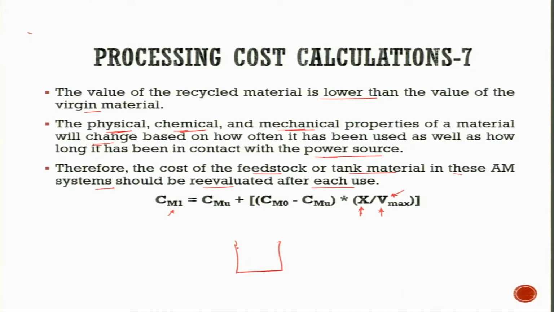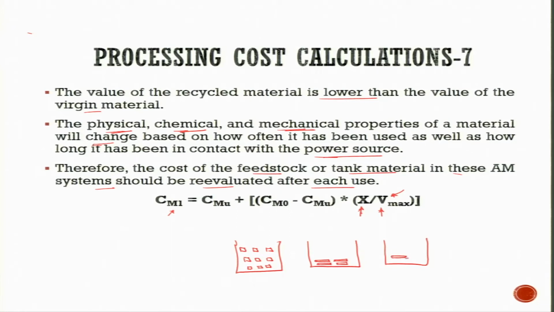Let me say it has two types of material, material A and material B, I will put in between. Then we have the leftover material from A. This is, let me say, leftover material from A. I will put another shape. This virgin material is added to the leftover material.